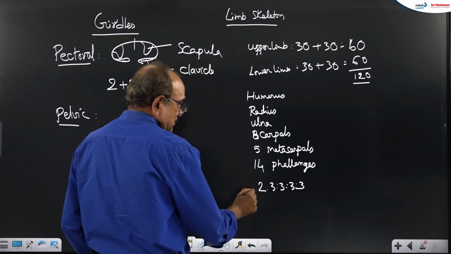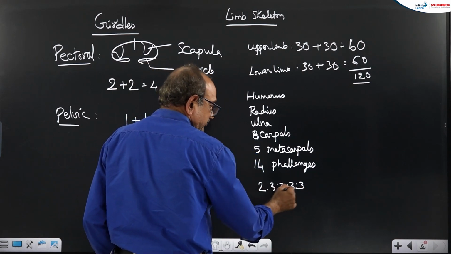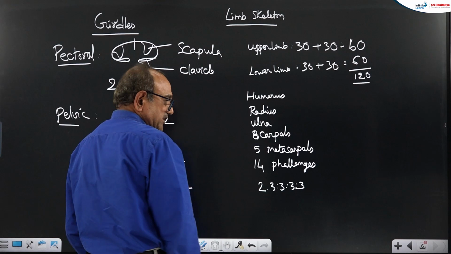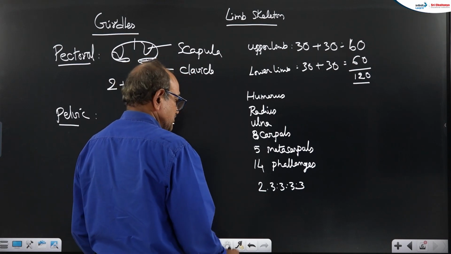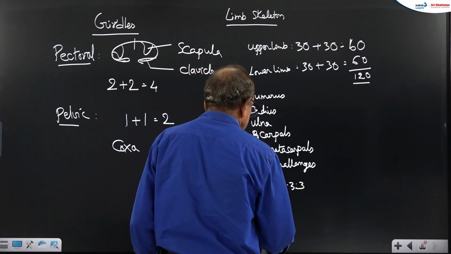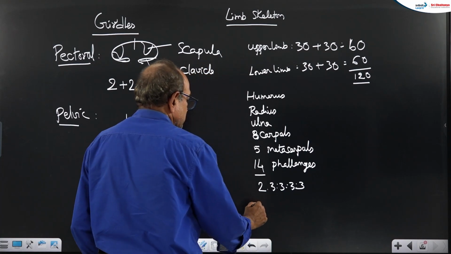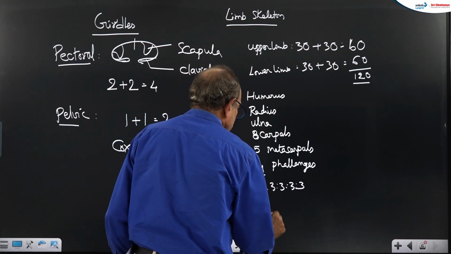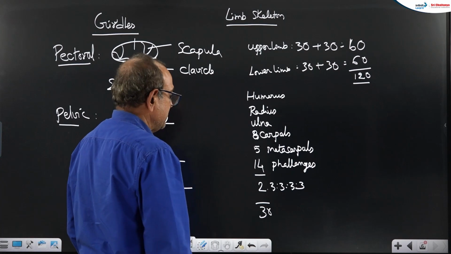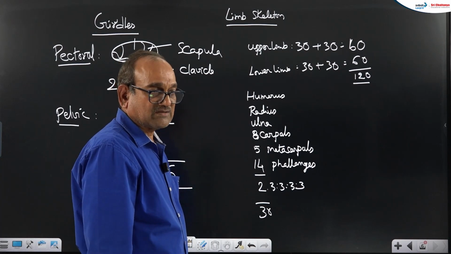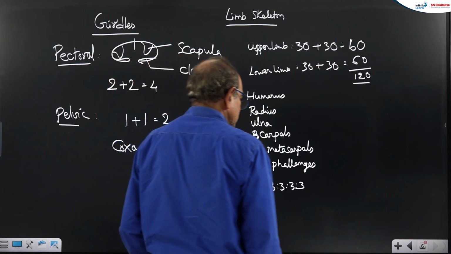That is, the thumb has 2, and the remaining 4 digits have 3 phalanges each. So total 14 phalanges. If you sum up all this, you will get 30 bones. So each upper limb contains 30 bones. 30 plus 30, that is 60 bones.